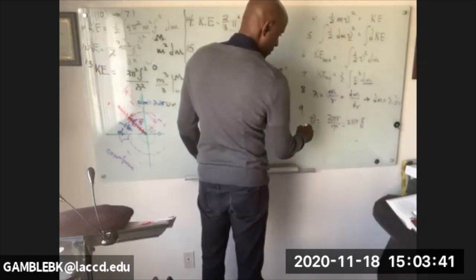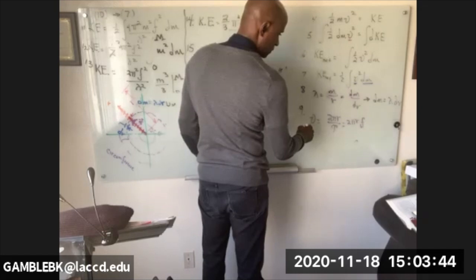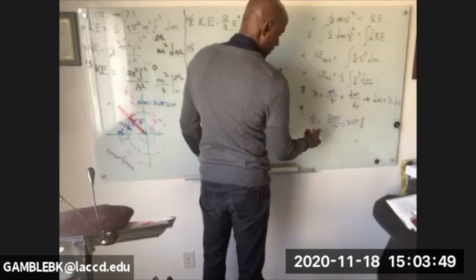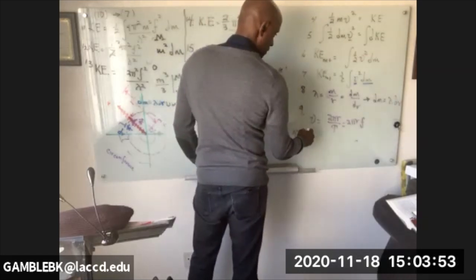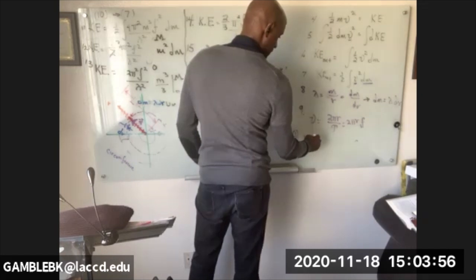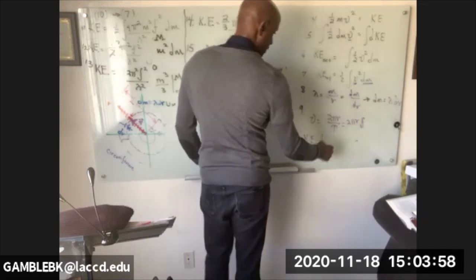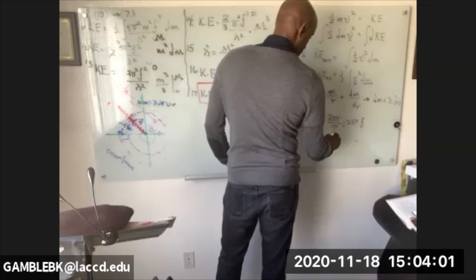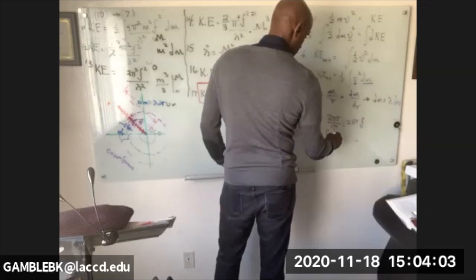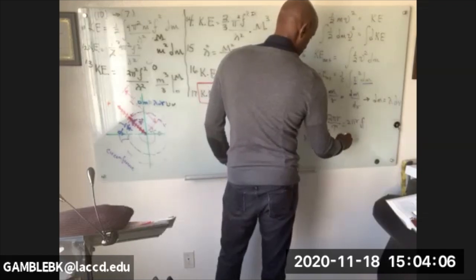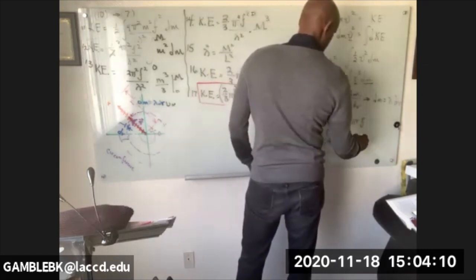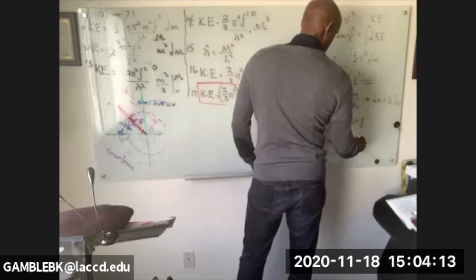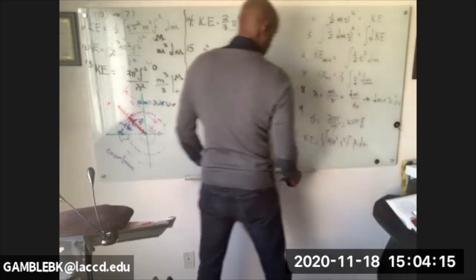So substitute 8 and 9 into 7, you're going to get the kinetic energy is equal to 1/2, and that quantity squared is going to be 4, so the integral of 4 pi squared r squared f squared, and then the dm is lambda dr, right?